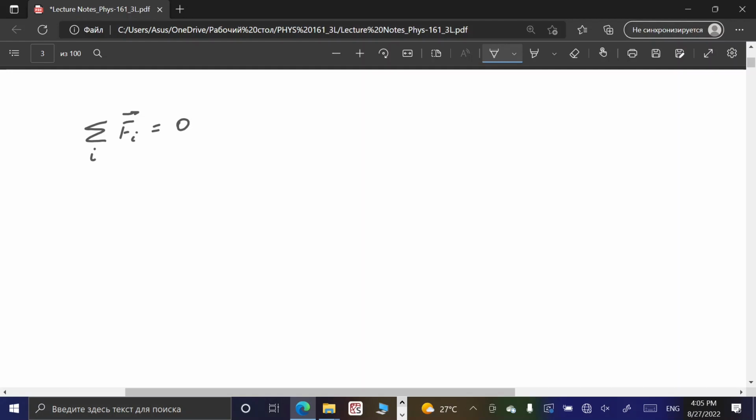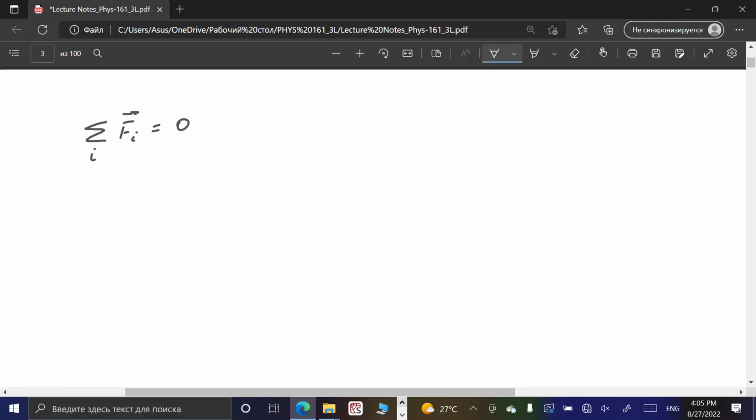By the way, these laws of motion are not derived from anything, it's just empirical observations. So it's how it actually works and is observed in nature. So based on this, people made a conclusion. They summarized this in 3 laws of motion.